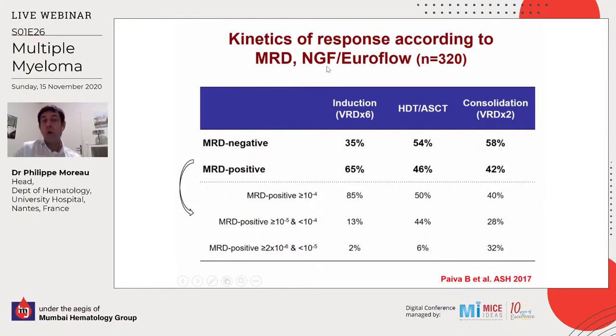They looked at all patients with next generation flow cytometry, what we are calling Euroflow, and you see that the MRD negative patient population is increasing: 35%, 54%, 58% after consolidation. So definitely an important information.